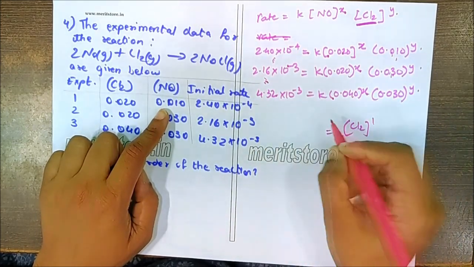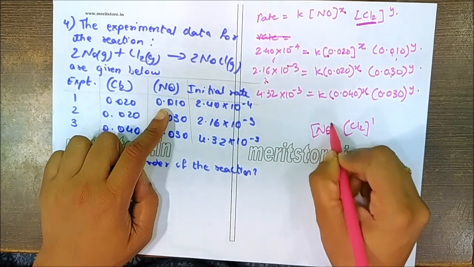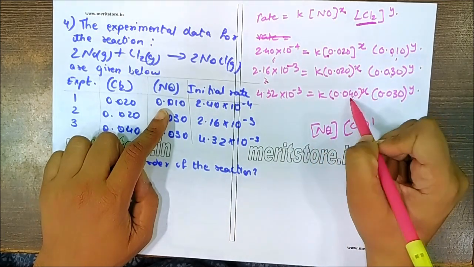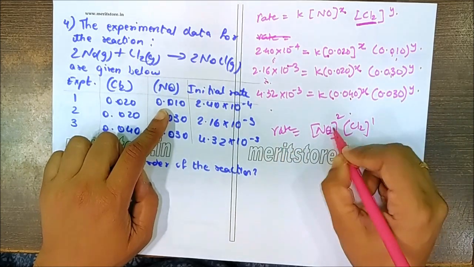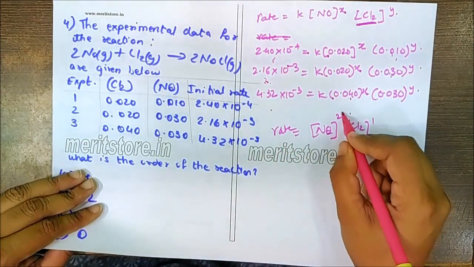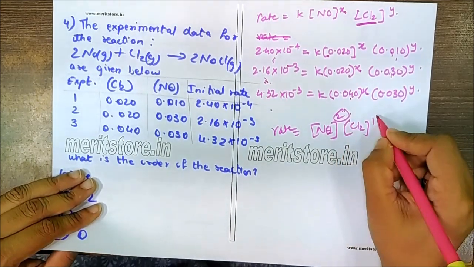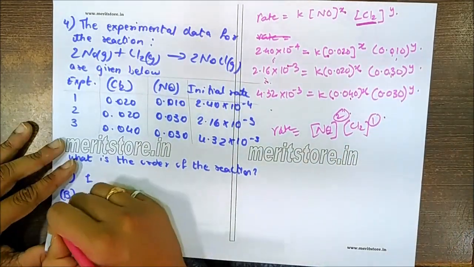And for NO, the concentration is doubled and the rate is also doubled, so this is twice. So the rate is twice, the order of reaction with respect to NO is 2 and Cl2 is 1, so the overall order has to be 3.